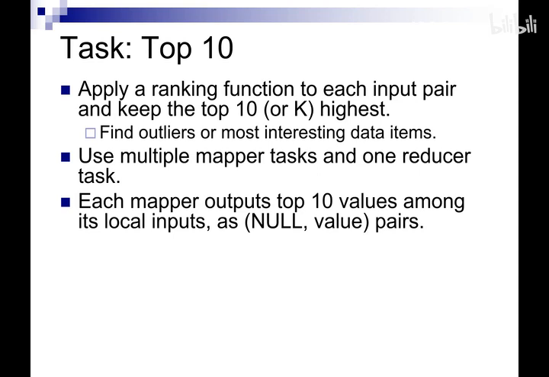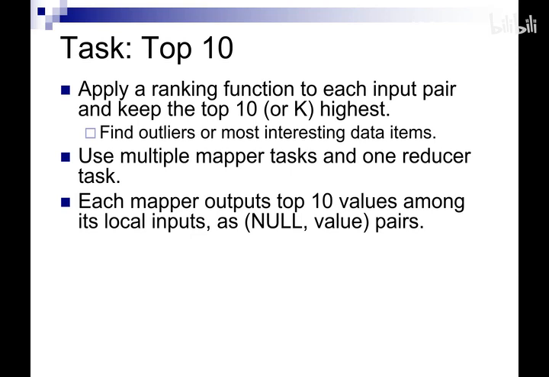Okay, so to do this, we're going to use multiple mapping tasks, but only one reduce task. Each one of the mapping tasks is going to get a subset of the key value pairs, and it's just going to go through that subset and take the top 10 ranked key value pairs from its subset.